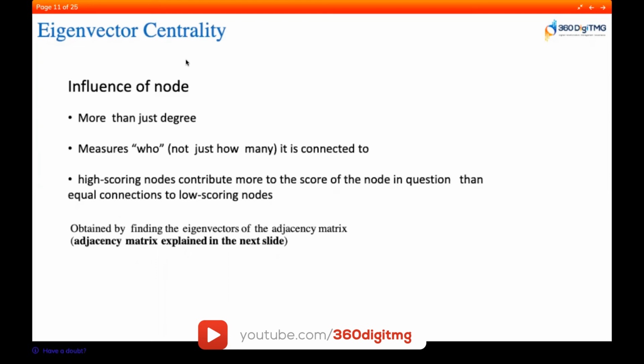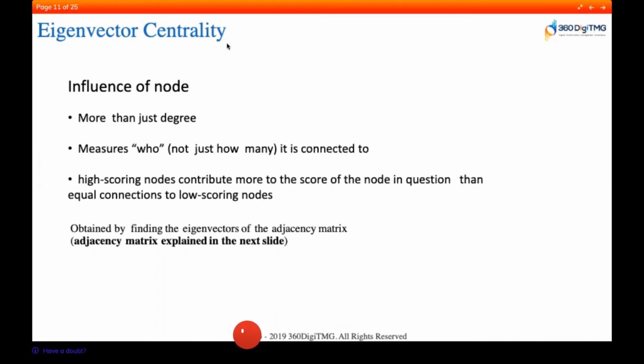What exactly does eigenvector centrality say? It basically calculates who is important and not how many. It will help you identify who is the important person, rather than the person who has more connectivity. Let me give you an example to help you understand.